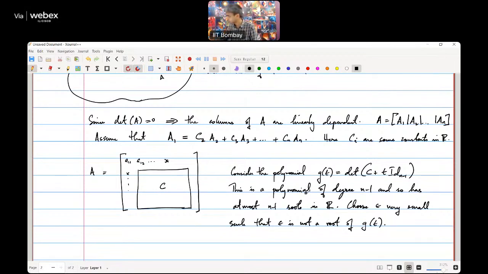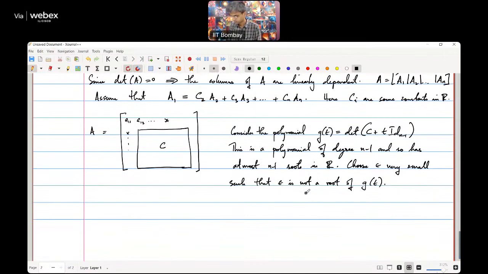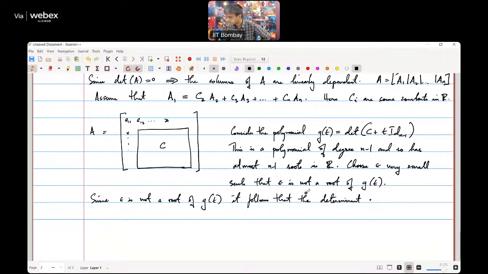And then we consider this matrix. In particular, since epsilon is not a root of g of t, it follows that the determinant of C plus epsilon times the identity n-1 cross n-1 matrix is non-zero.